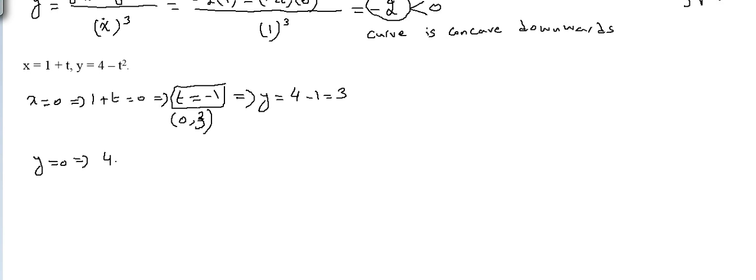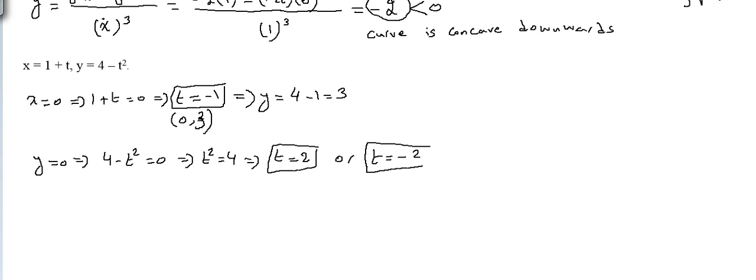Now let's find for y equals 0. This means 4 minus t squared equals 0. This implies that t squared equals 4, which gives either t equals 2 or t equals minus 2. For t equals 2, x, which is 1 plus t, is 1 plus 2, which is 3.